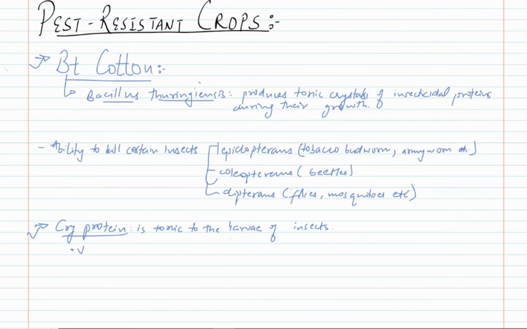Now, there are various categories or various types of cry proteins, and each protein is specific, and each protein kills only a certain group of insects.